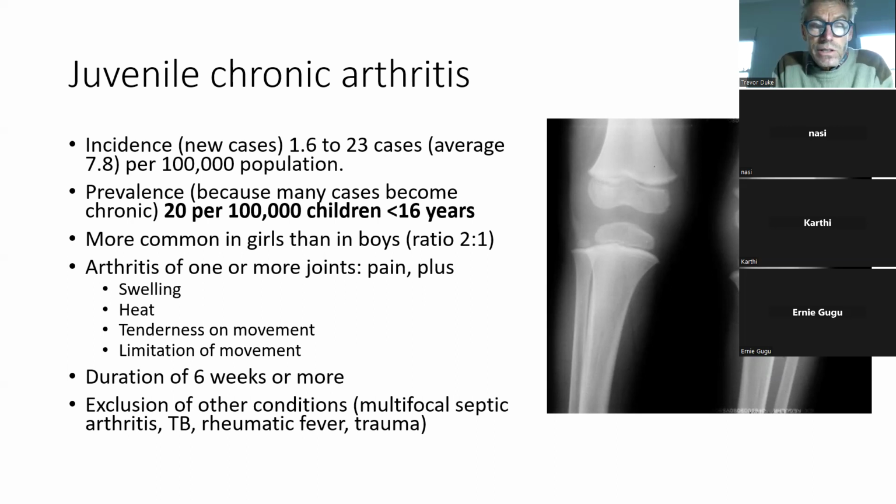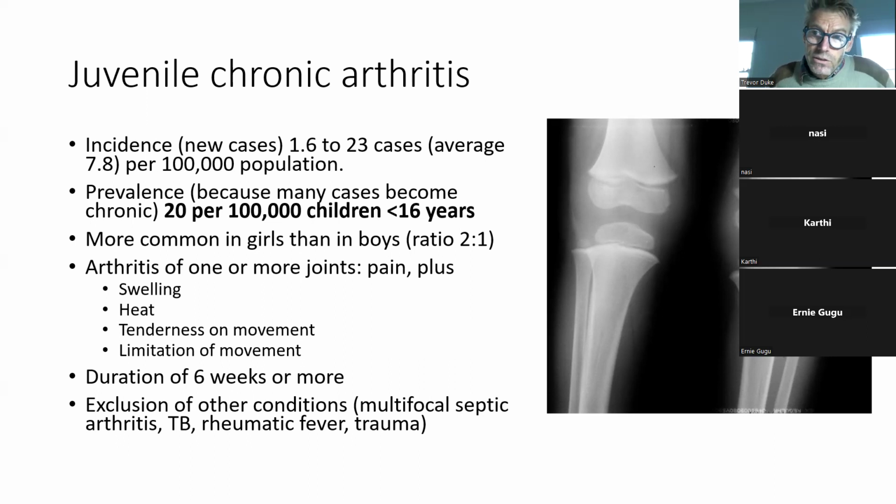And the definition is arthritis that involves one or more joints, arthritis meaning pain plus the other features of inflammation, so swelling, heat, tenderness on movement, and limitation on movement, and of a duration that's more than 6 weeks. The duration is very important, because if it's less than 6 weeks, it's more likely to be transient synovitis, a viral related arthropathy that just comes and goes as the viral infection clears.